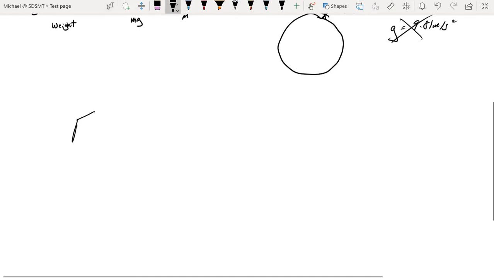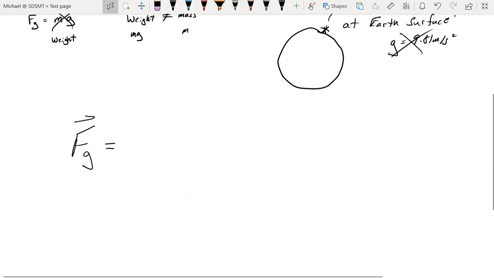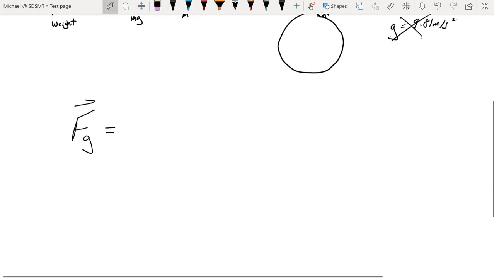And what Newton found out was that this force of gravity, which I'll go ahead and write as F sub G right now, because if we're not on the surface of the Earth, we can't use mg anymore. So I'll use the F sub G term as a more generic version of that expression.